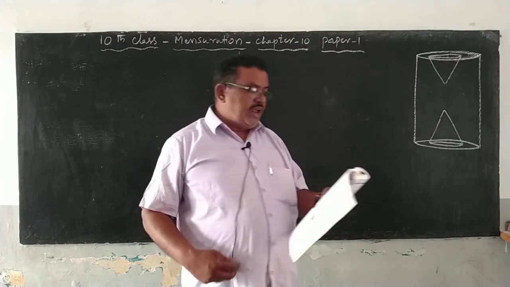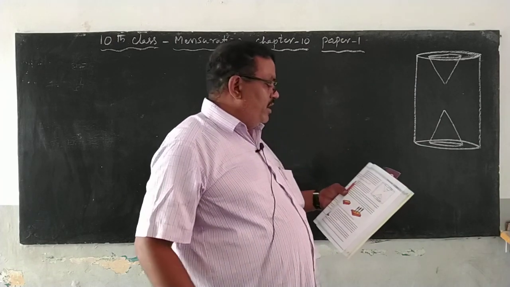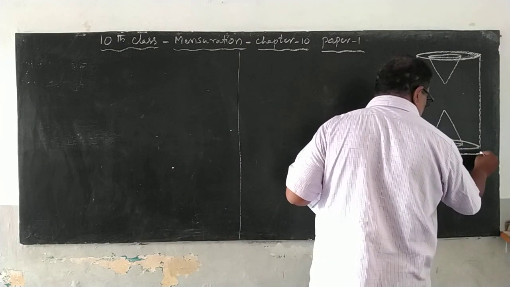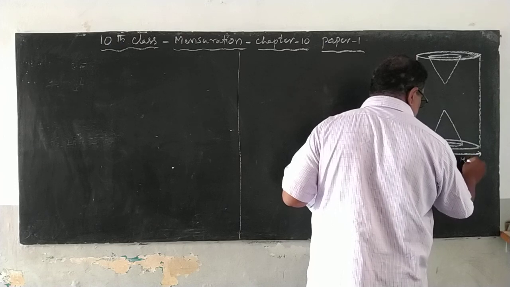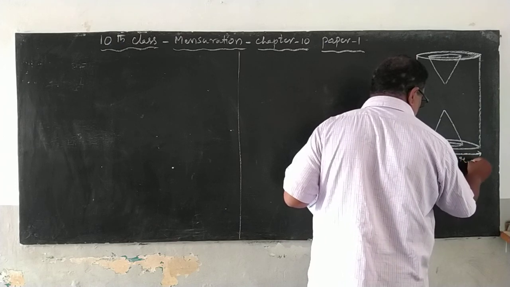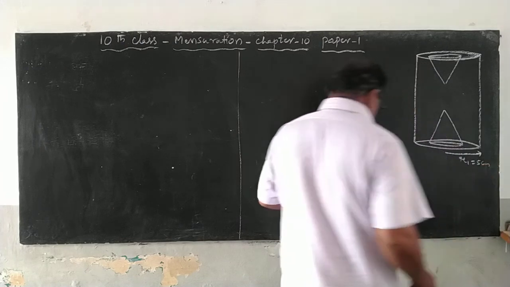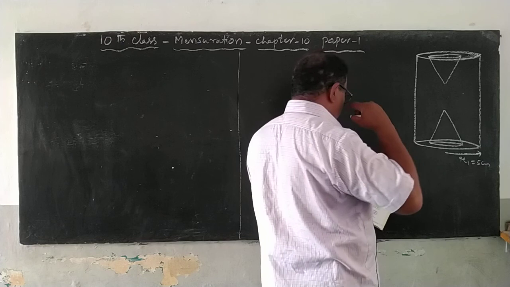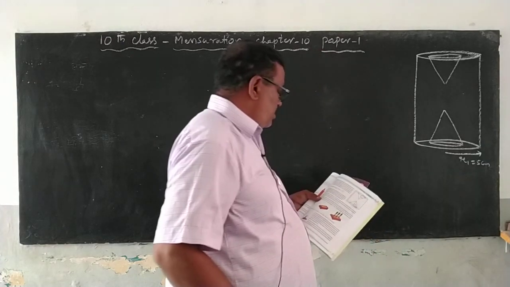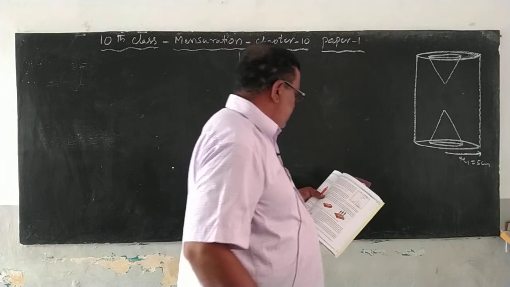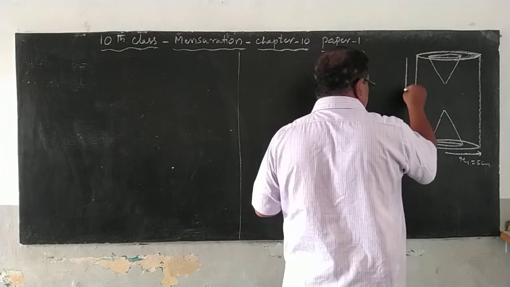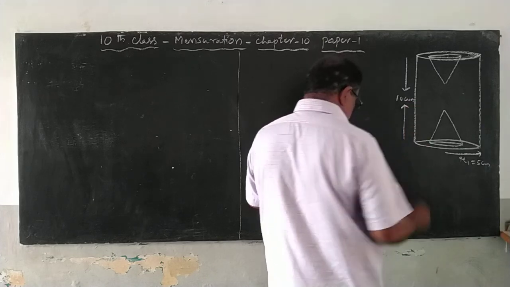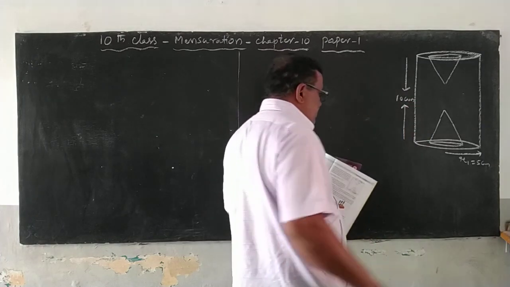So, here the dimensions of the cylindrical tub: radius is 5, R1 is taken as 5 centimeter, and the height of the cylinder is 10 centimeter. And the diameter is 7 centimeter.